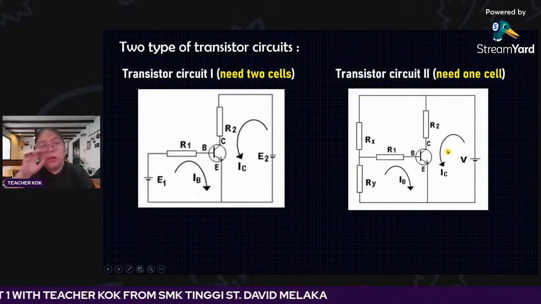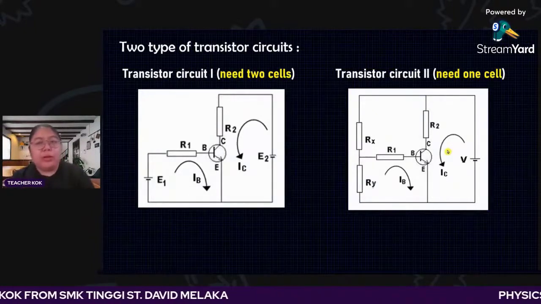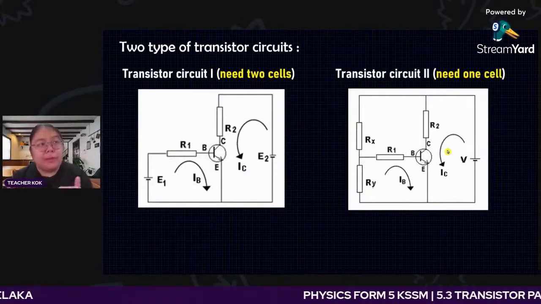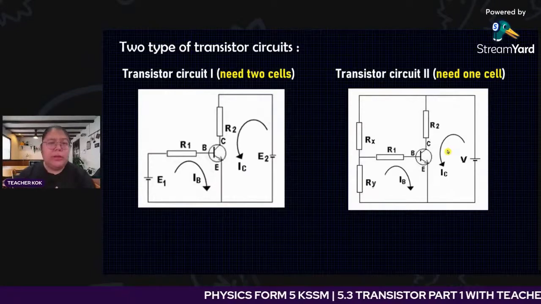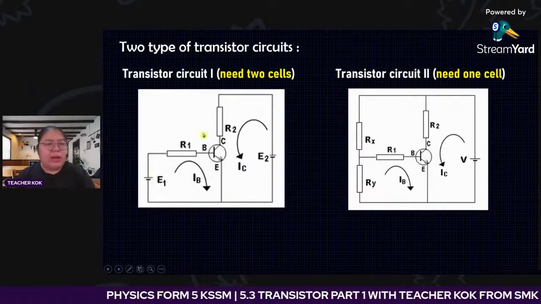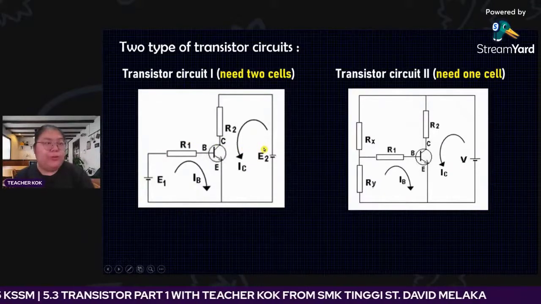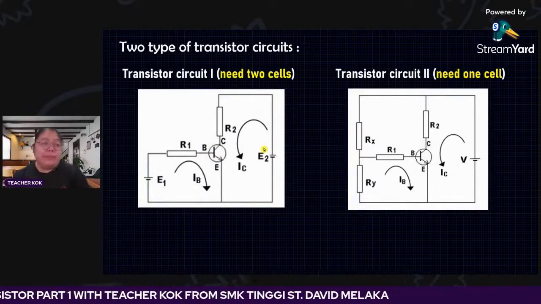So we only need one battery when they are at the same level. Double story means the level is the same. When you find a 1.5 story, you need two batteries, then the transistor can function.